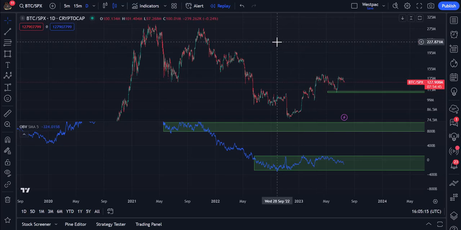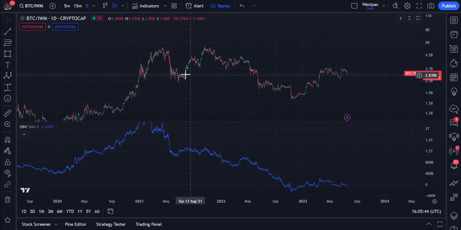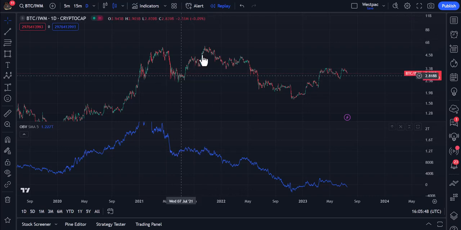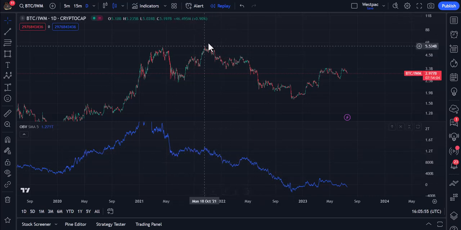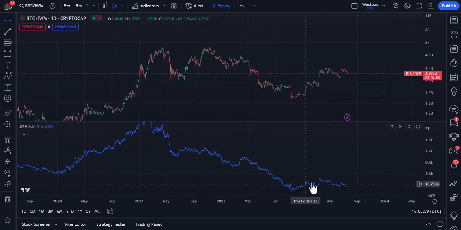Let's now look at Bitcoin against the Russell 2000, because whenever crypto is in a bull market, it should outperform the Russell 2000, which are the high growth stocks within the American market. Bitcoin against the Russell 2000, same thing: double topped, lowering volume, showing that it was a fake move. When it came down, selling pressure was aligning with the move, and then with this move here, lowering volume coming up.